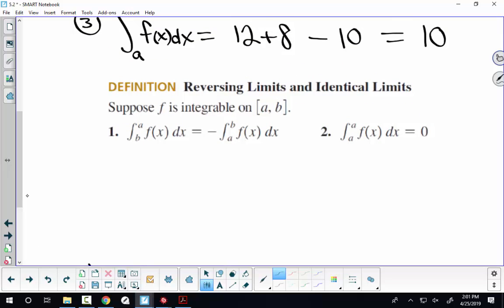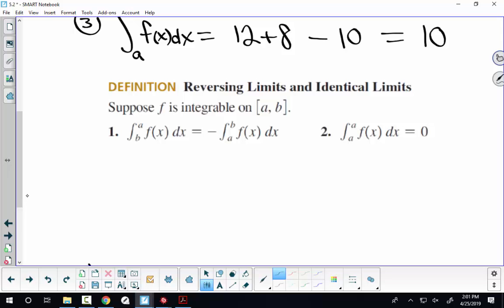So a couple of properties here, the reversing of the limits and identical limits. The first one is if we reverse the limits. So going from b to a of f of x dx is equivalent to negating and then going from a to b. So if we switch the limits of integration, you have to multiply all of it by negative.